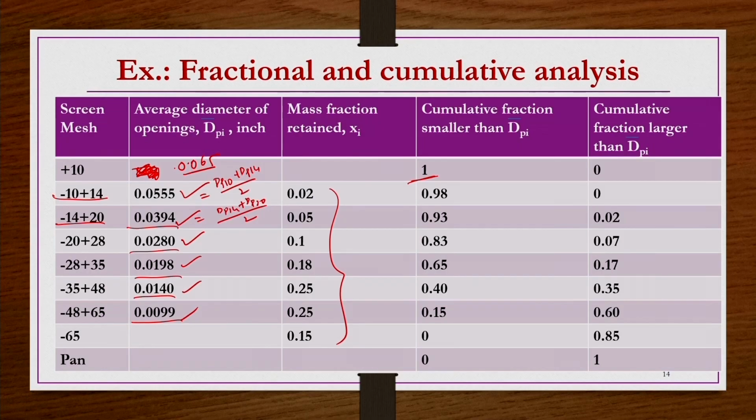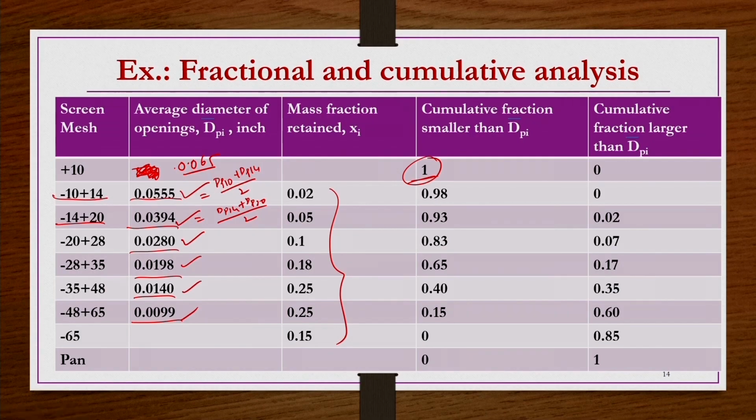So, what is the fraction of material whose size is smaller than 0.065? So, all this material 0.0555, 0.0394 etc., all of them their sizes are smaller. So, the corresponding fractions should be added and then reported here. So, 0.02 plus 0.05 plus 0.1 plus 0.18 and so on, you will get 1 here.